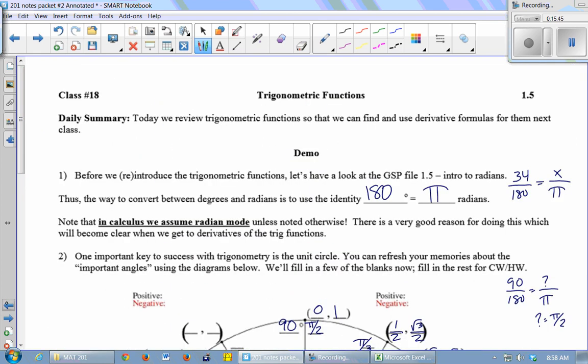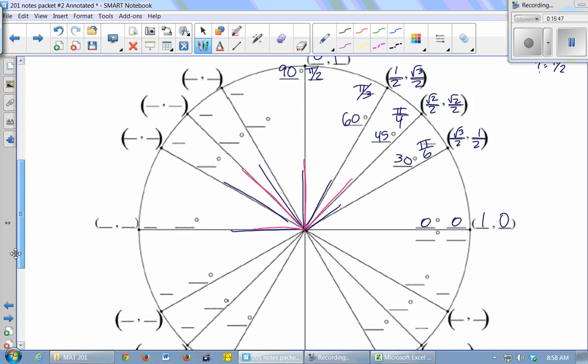Let's go back to the unit circle here. Anybody see an x coordinate of 1/2 on the unit circle? Pi over 3. Anywhere else going to have an x coordinate of positive 1/2? Yeah, in the fourth quadrant down here. It would be negative pi over 3 or 300 degrees.